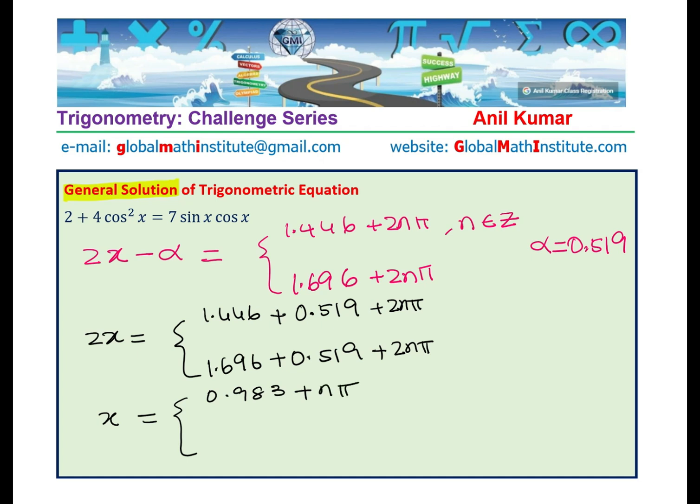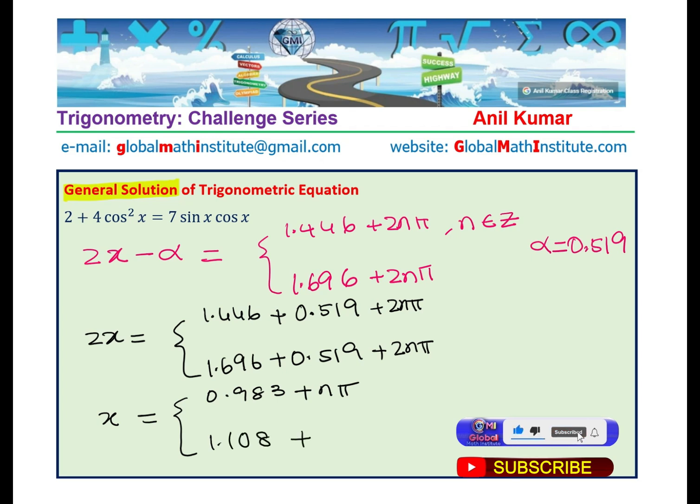The other one is 1.696 plus 0.519. Dividing this by 2, we get 0.1075, I'll round it to 8, so 1.108 plus n pi. Correct. So that is what we are going to get as the value of x as a general solution.